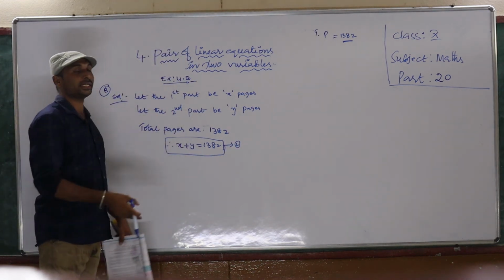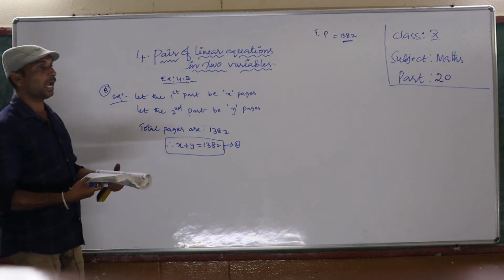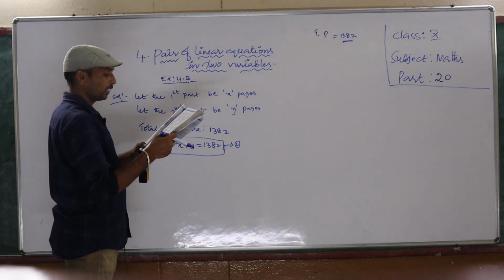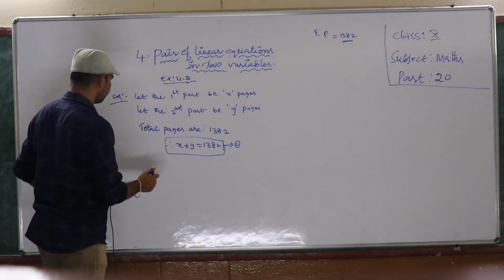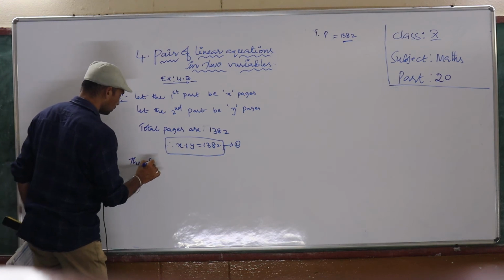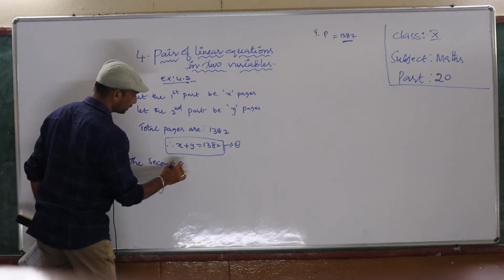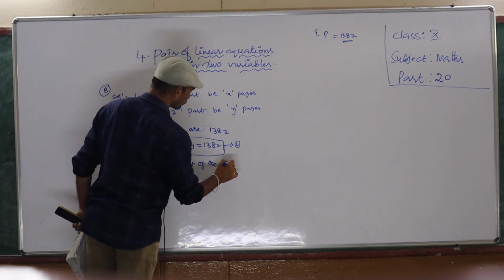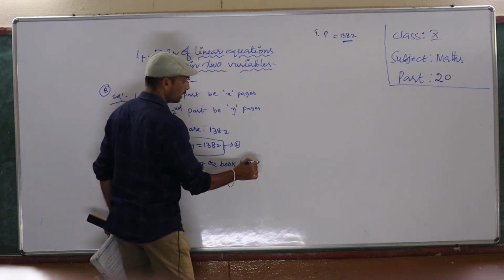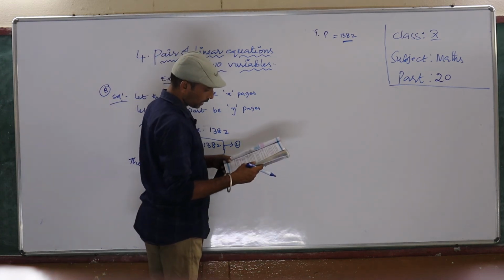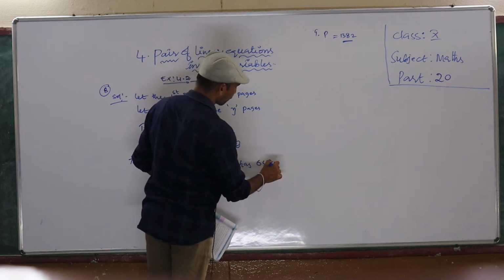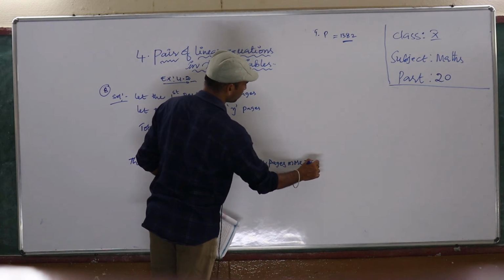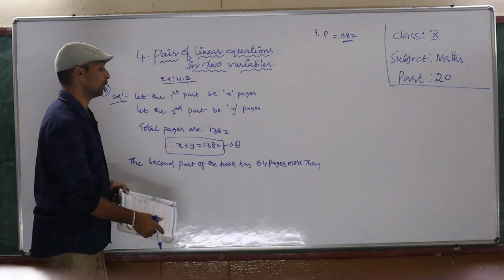Because I will put the value in the second equation directly, you will get it, so that's why I am not finding it in this. So the condition is the second part of the book has 64 pages more than the first part.